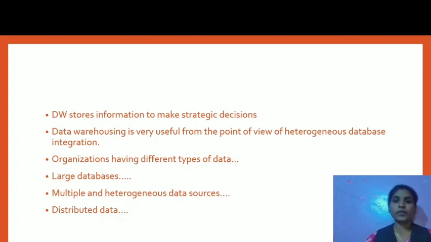Databases are very large. They contain a very large amount of data. Again, the data is collected from multiple and heterogeneous data sources. And last thing, the data is distributed. So all things should be considered all together to have a data warehouse.